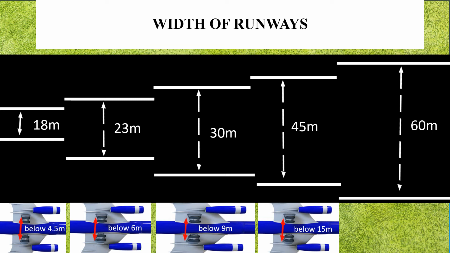If the outer main gear wheel span ranges from 9 meters but is below 15 meters, then the width of the runway should be a minimum of 45 meters. If the outer main gear wheel span of the reference aircraft is 15 meters and above, then you are looking at a minimum runway width of 60 meters.